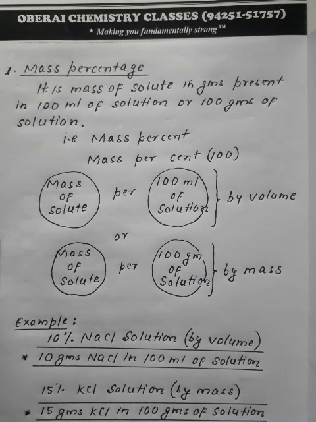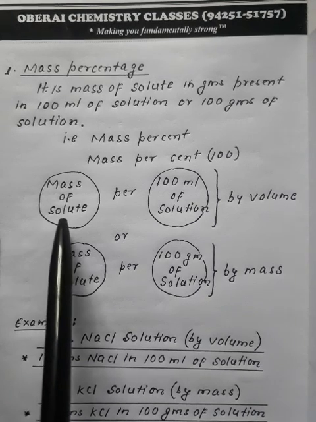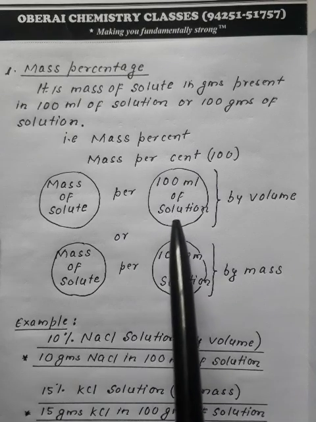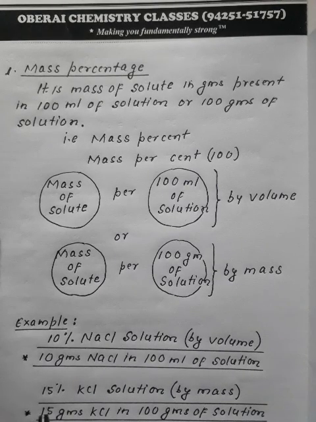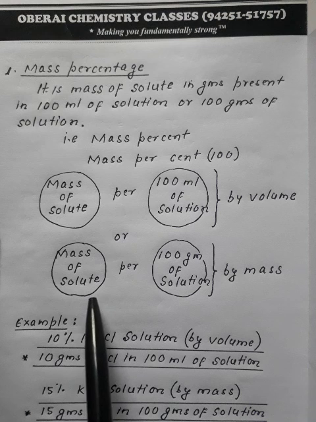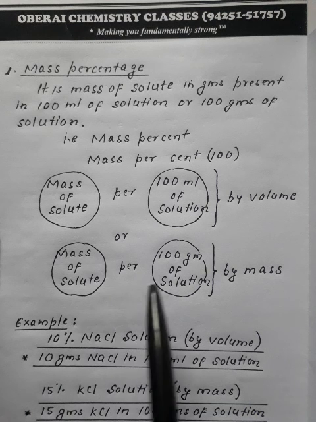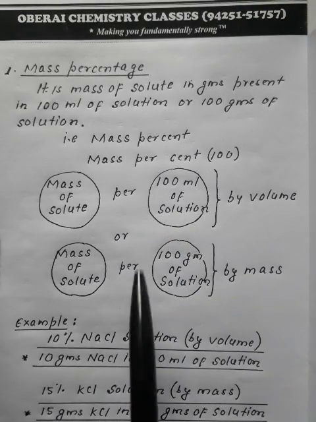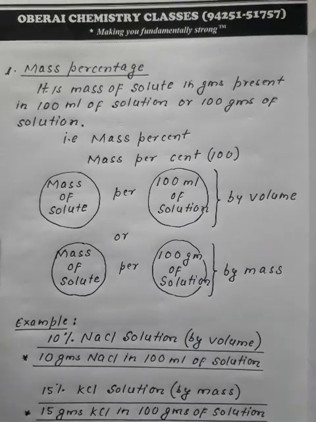Cent means 100, so mass percent is mass per 100. So we say mass of solute in grams per 100 ml of solution, or mass of solute in grams per 100 grams of solution. Is it 100 ml or 100 grams? It could be either.